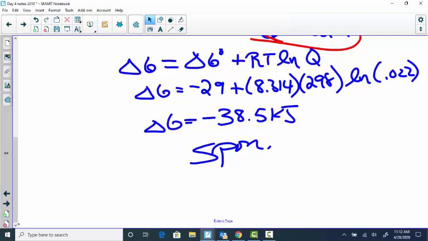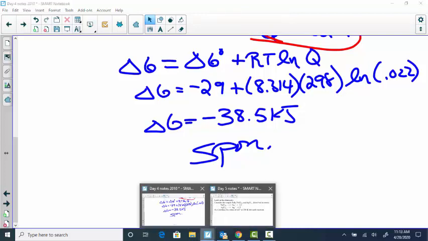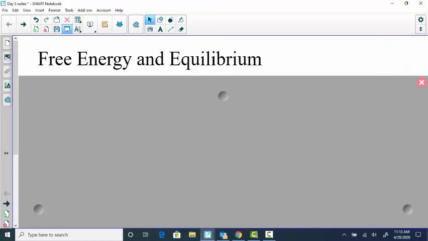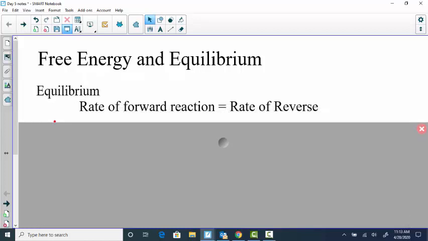Now what we're going to look at is free energy and equilibrium. And here's the deal with this. Remember, equilibrium is when the rates of the forward reaction and the reverse reaction are equal. So equal rates going on does not mean concentrations are equal.